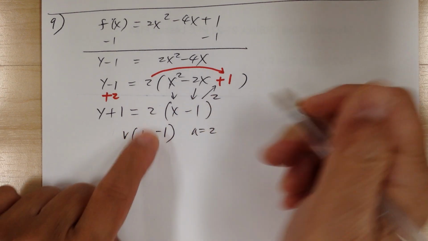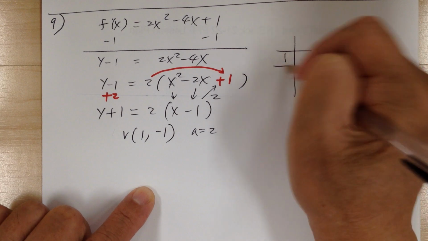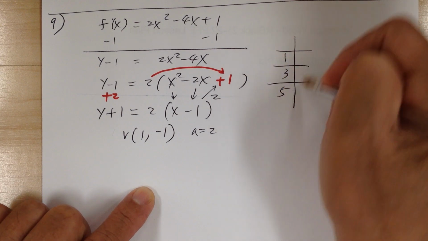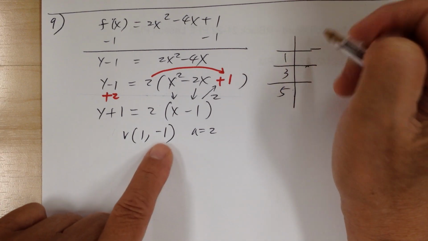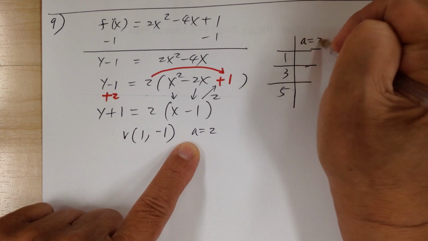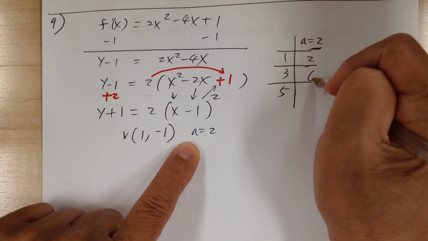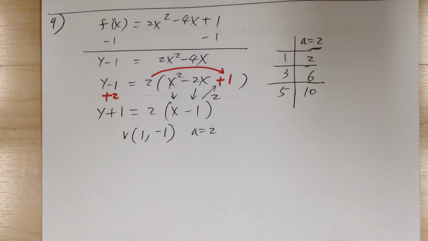That's the a. So when you do your 1, 3, 5 increments, a equal to 2, so this will give you 2, 6, and 10. That's how fast it will go.